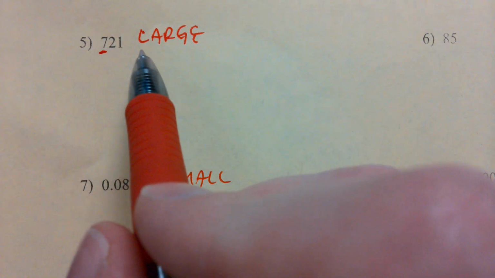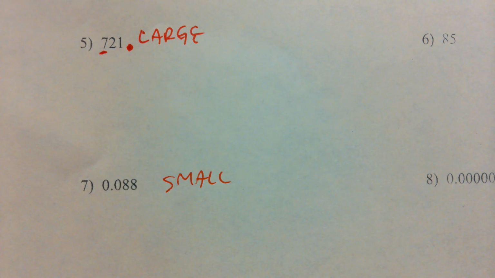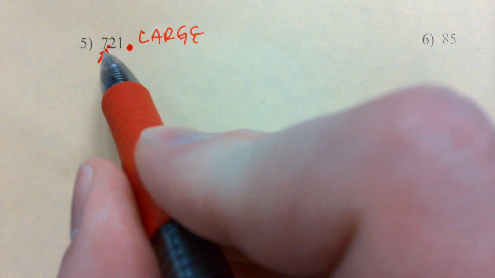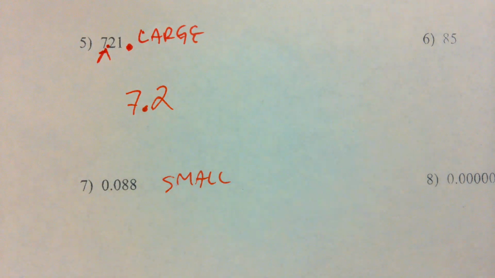So 721, our decimal, again, is on the far right. But where do we want it to end up? In between the 2 and the 1 or in between the 7 and the 2? In between the 7 and the 2, right? If our decimal's right there, our one number to the left of the decimal is 7. So is my leading number just going to be 7.2?